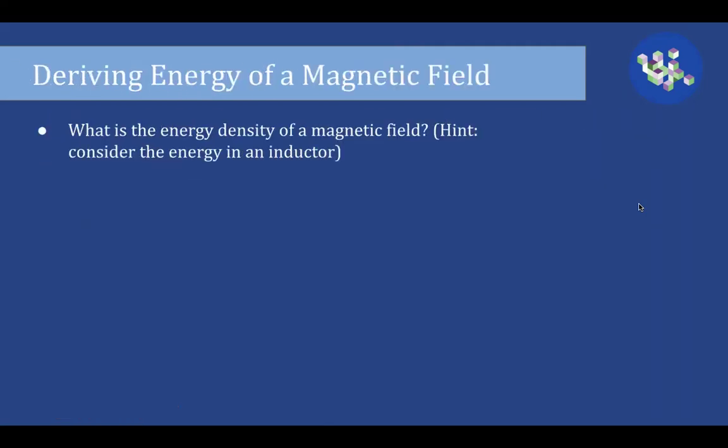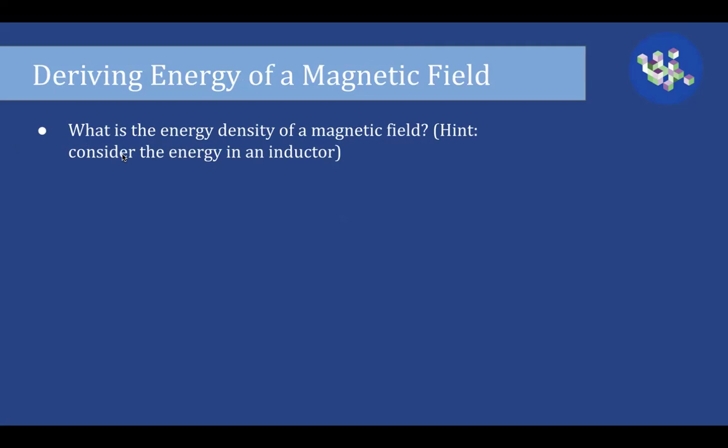All right, so what is the energy density of a magnetic field? Consider the energy in an inductor. I'll give you guys some time to attempt this, but it will be a kind of difficult derivation, but I'll let you attempt it and we can go over it together.